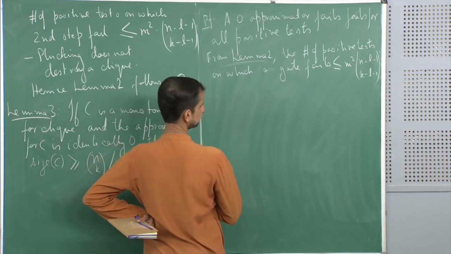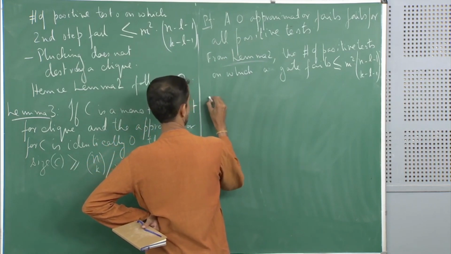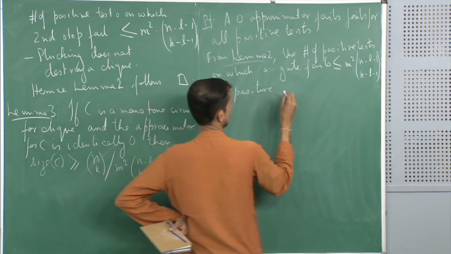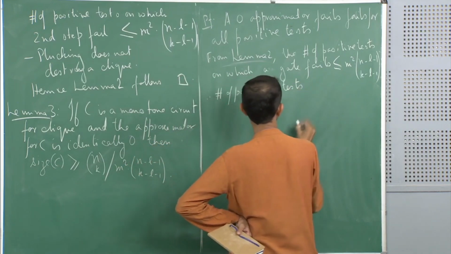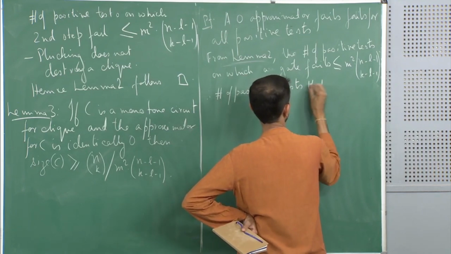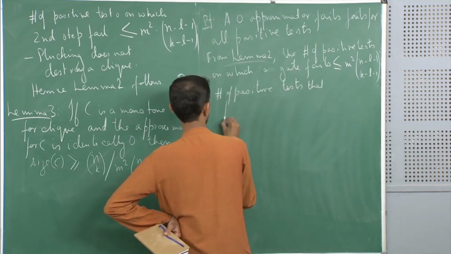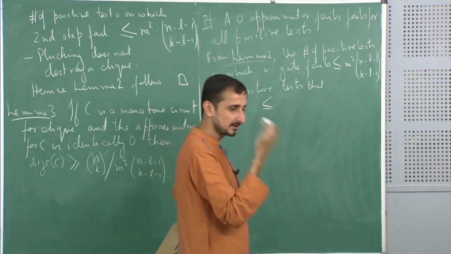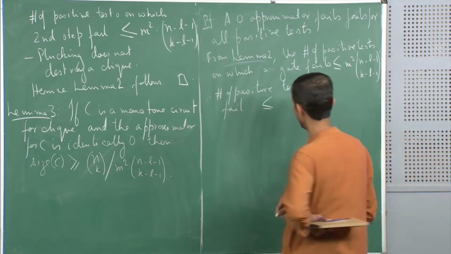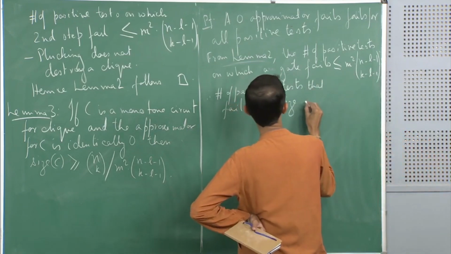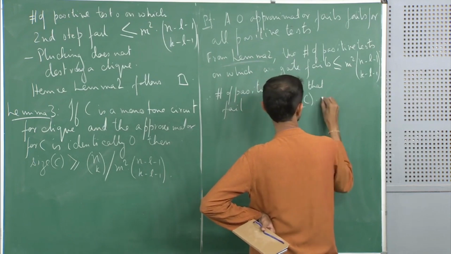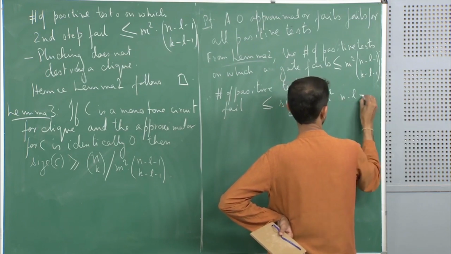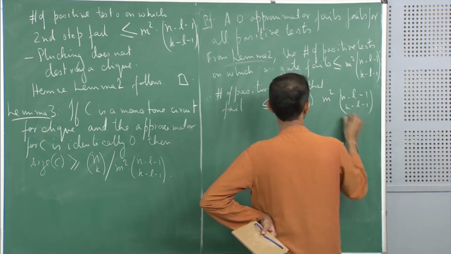Therefore, the number of positive tests that fail is at most, we know that OR gates anyway do not fail, but suppose the circuit had all AND gates, so it would be size of C times m square times n minus L minus 1 by k minus L minus 1.